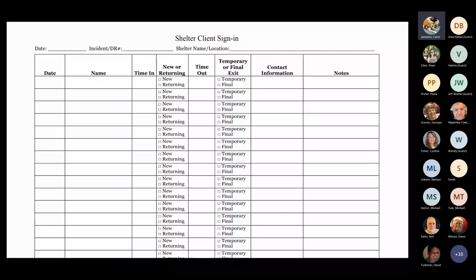You should have a meeting place outside the shelter where you've told the clients and staff that if you have to evacuate, this is where we gather. Then you can make sure everybody who signed in made it out. So it's really important to know who's in the shelter at all times.